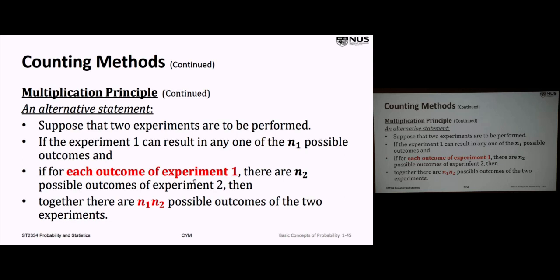And if for each of those outcomes in experiment 1 there are n2 possible outcomes of experiment 2, so in my example, that would be rolling a dice, then the total number of possible outcomes is, of course, 2 times 6, or n1 times n2. Okay, so whichever statement you prefer, they mean the same thing. I think they're both equally transparent, although this one seems a bit more scientific on review.